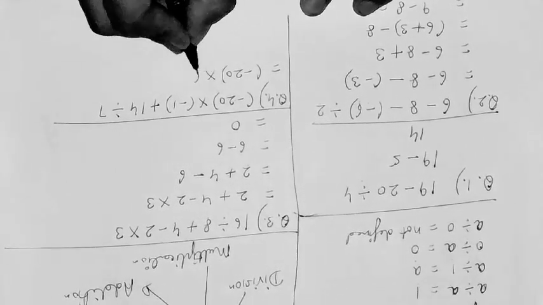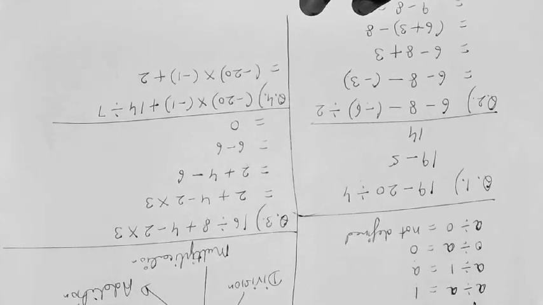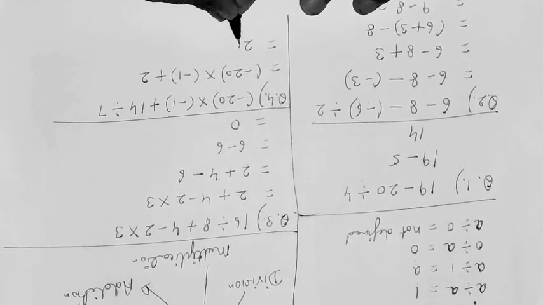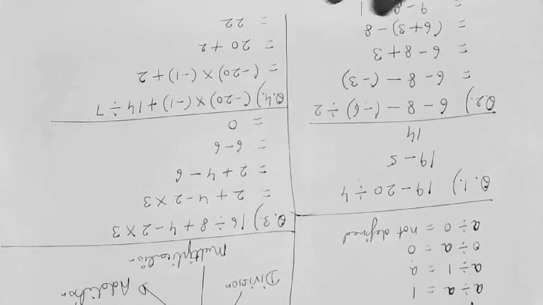Carry the rest of the terms as it is. We know 7 2s is 14. So the answer is 2. Now multiply minus 20 and minus 1. 20 1s are 20. Both negative makes the product positive. So 20 plus 2 and the result is 22.